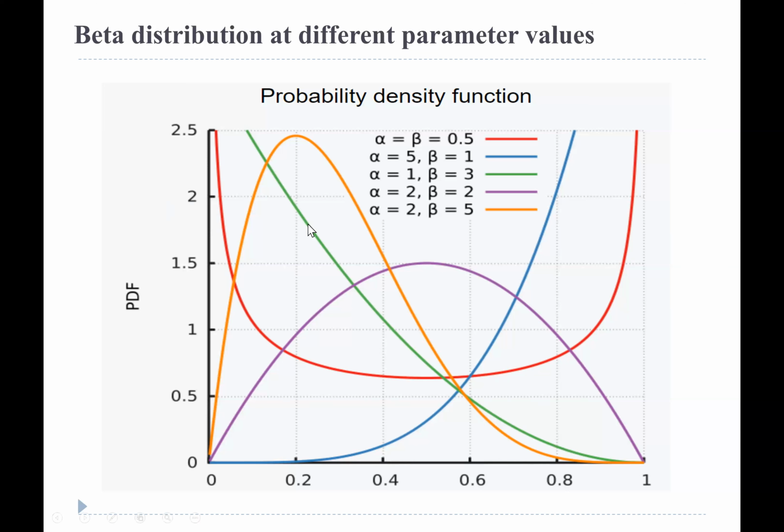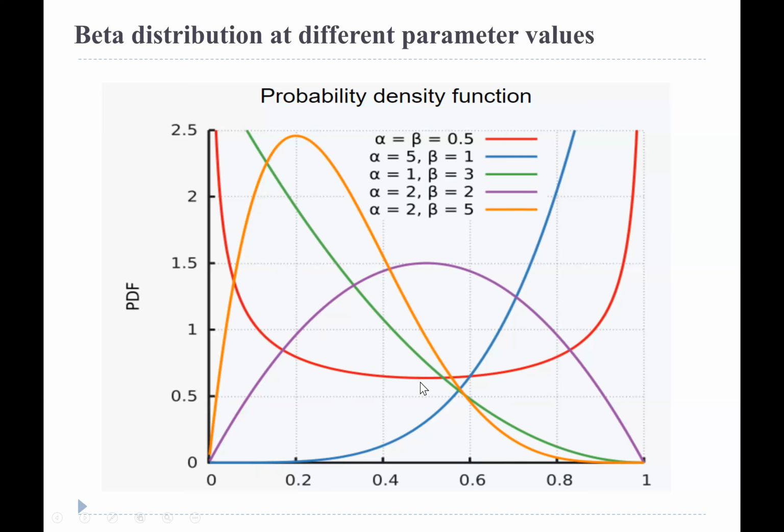If you use the green one, it means you believe that the values for pi are small values, not big values. Looks like this one works for our example, because most probably the proportion of students who will quit school is not something like 0.6, 0.8, 0.9. It looks like some value here.